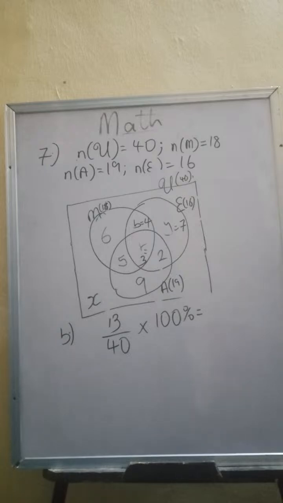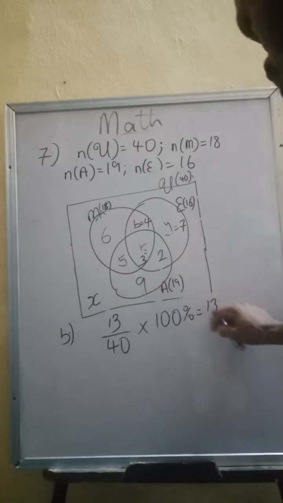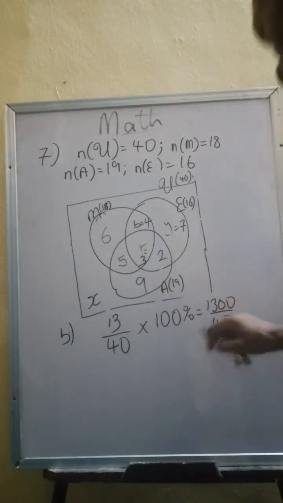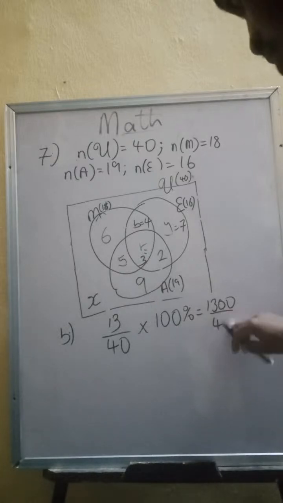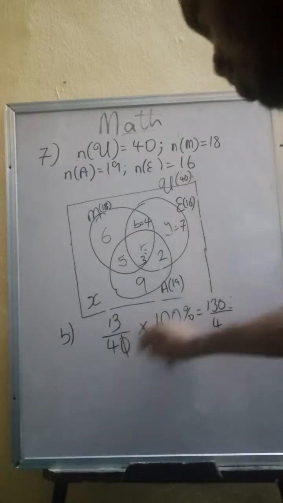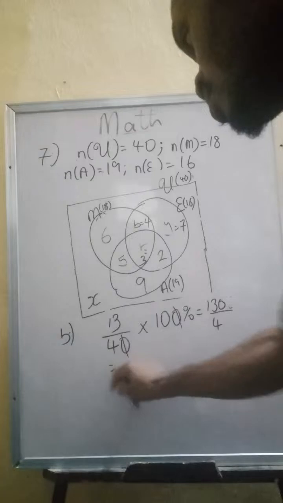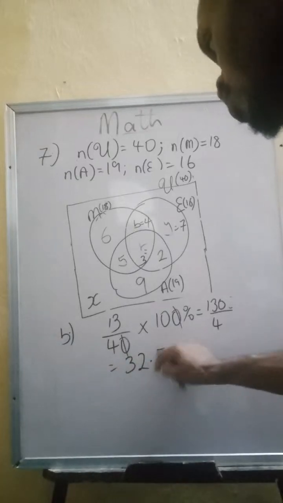So multiplying gives you 1,300 over 40, or 130, because these zeros cancel out. And dividing gives you 32.5%.